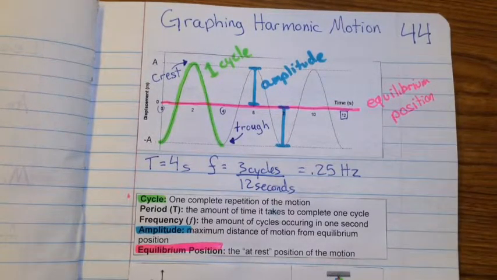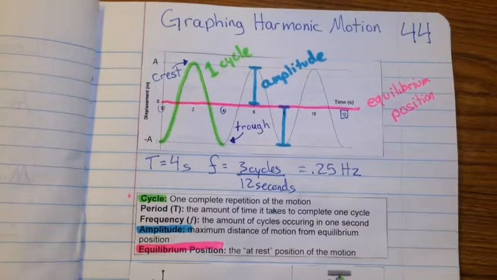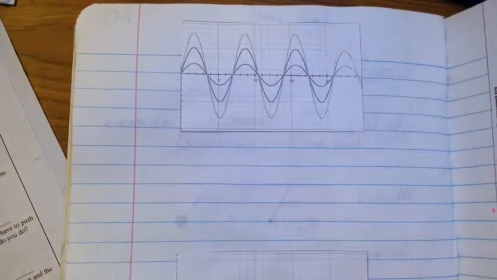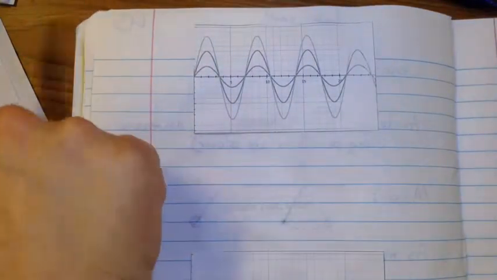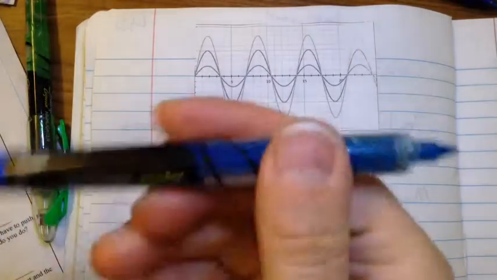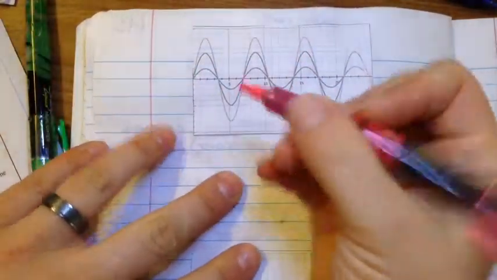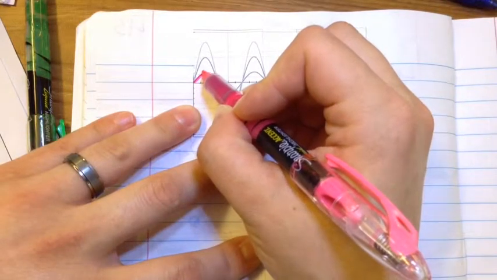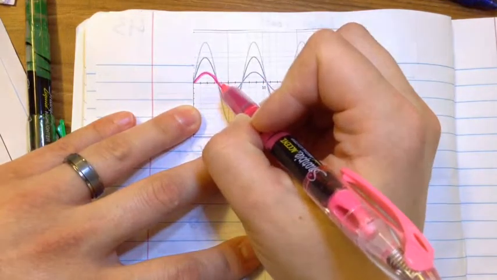Now, let's take the opportunity to do some practice problems on the OOPS page. We want to compare these 3 graphs. That's a little difficult the way they're drawn, so we are going to visually separate them using colors. So I'm going to start with my pink, and I'm going to start with that really short one, and highlight 1 cycle.